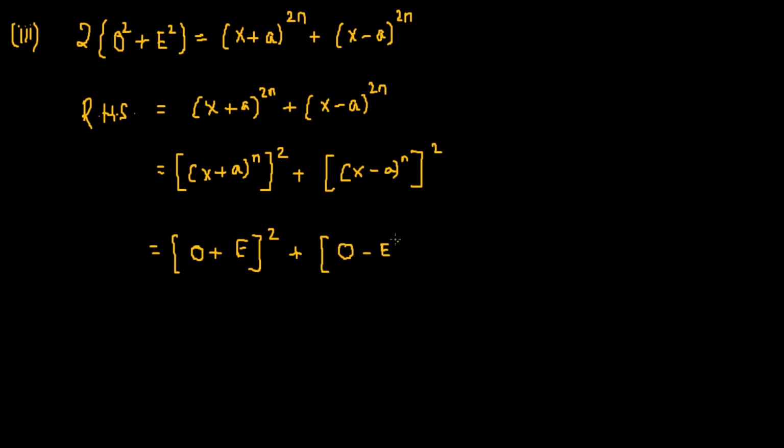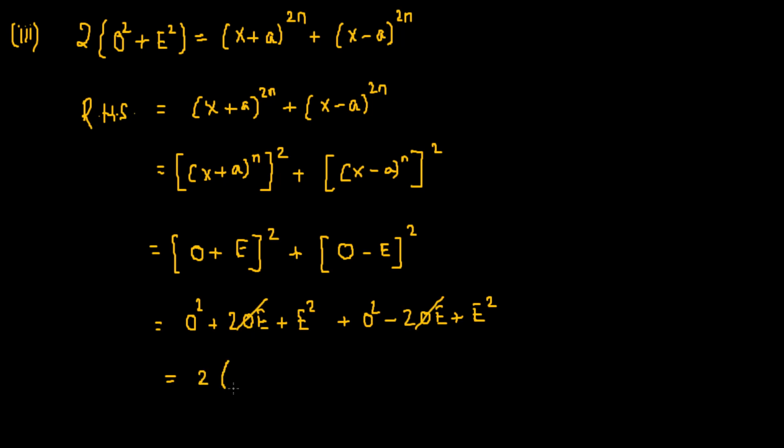So this will be (O minus E) whole squared. All we do is simply open it up. So this is O squared plus 2OE plus E squared plus O squared minus 2OE plus E squared. So the twice of OE gets cancelled out, so what we're left with is twice of (O squared plus E squared). So that is what we are asked to prove. So this is proved because we're getting the left hand side.